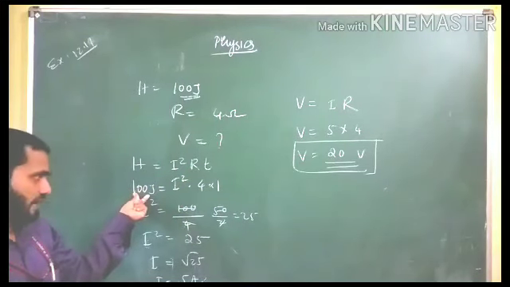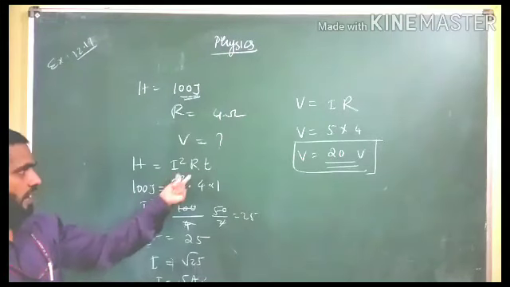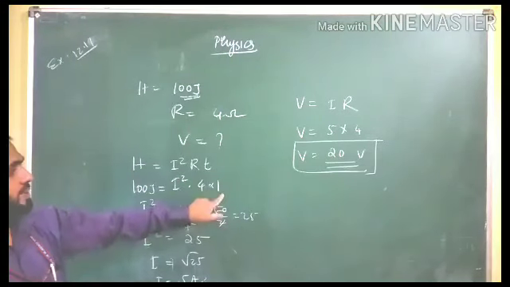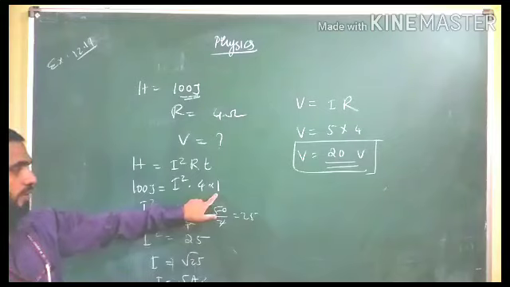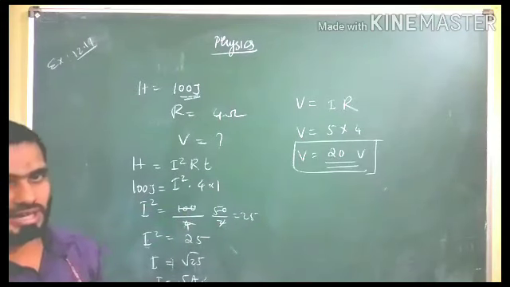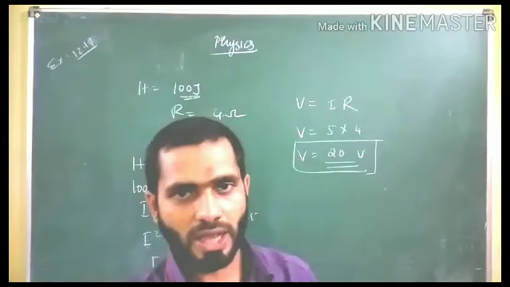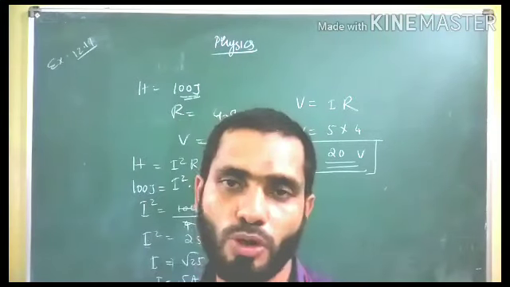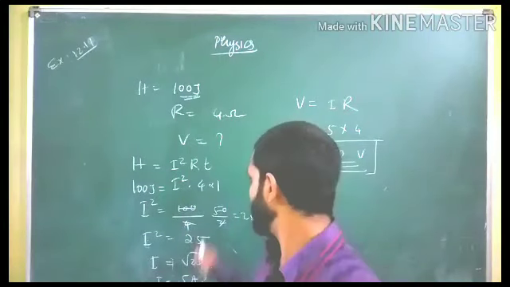Instead of H, 100 joule, I square, R is 4, and time is given as 1 second, because in the question they have clearly given that 100 joule of energy is produced each second. So this is 1.